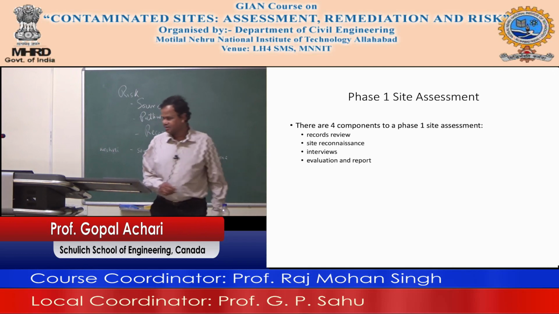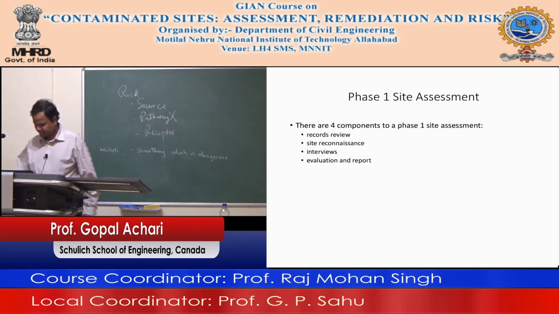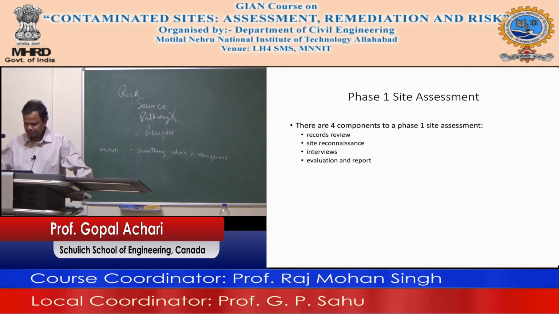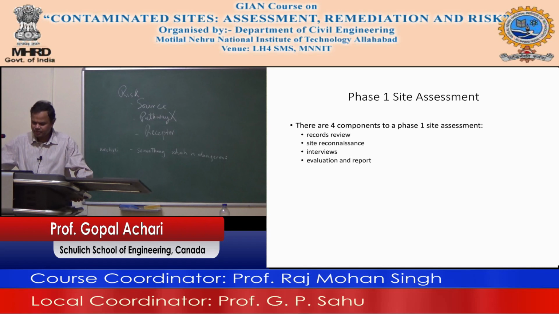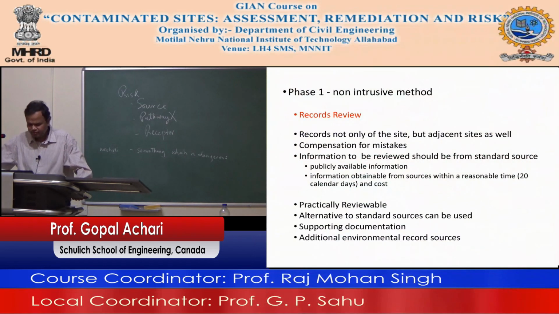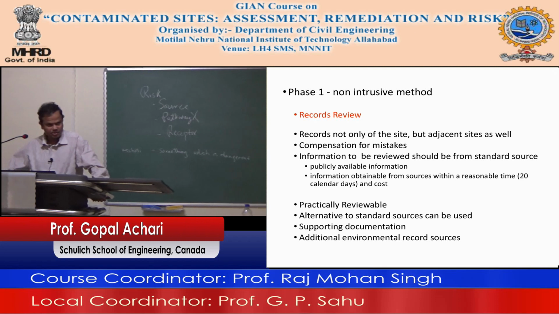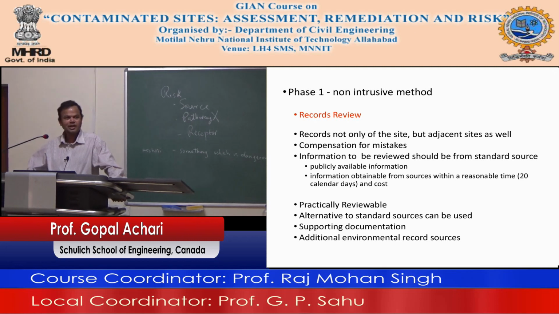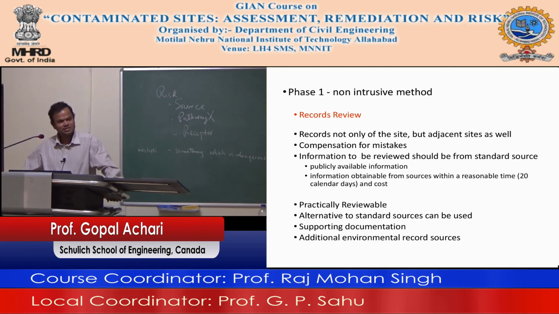So what's a records review? The records review is to help recognize the environmental condition associated to a property. You review not only the records pertaining to a site, but also of adjacent sites, because it may happen that the guy next door might be doing something that's created a problem for your client.